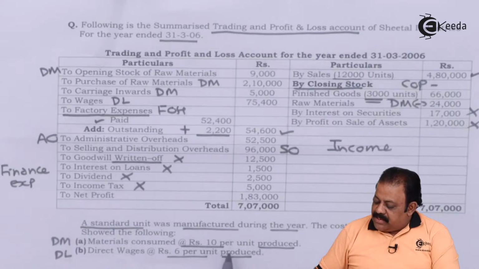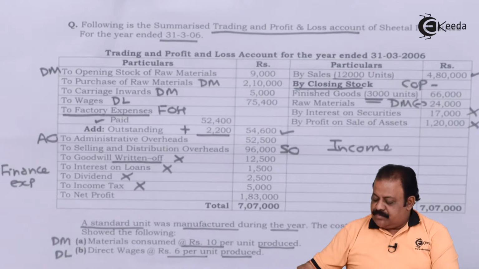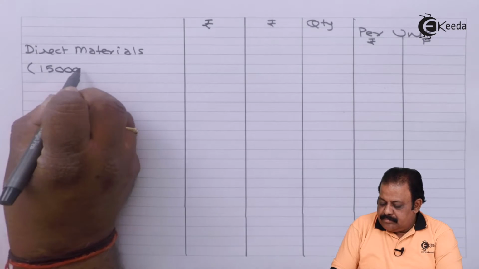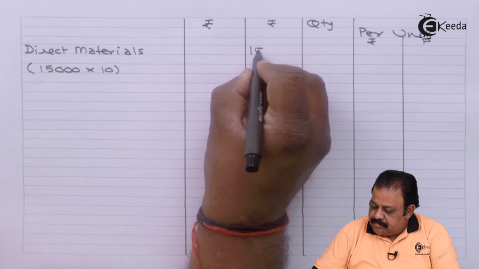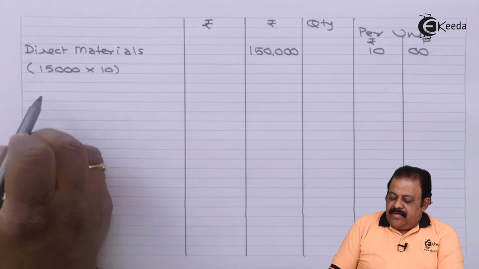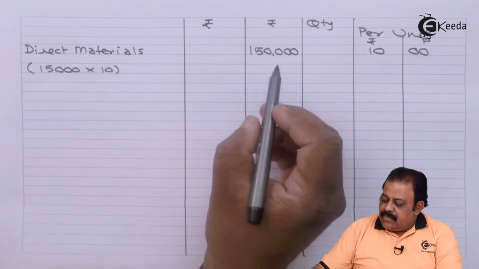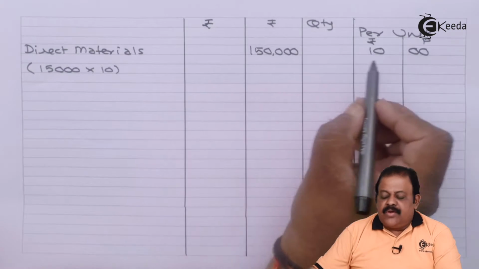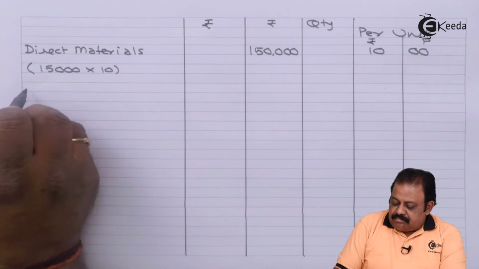Material consumed is rupees 10 per unit produced. So it will be 15,000 multiplied by 10, 1,50,000. Per unit it will be rupees 10.